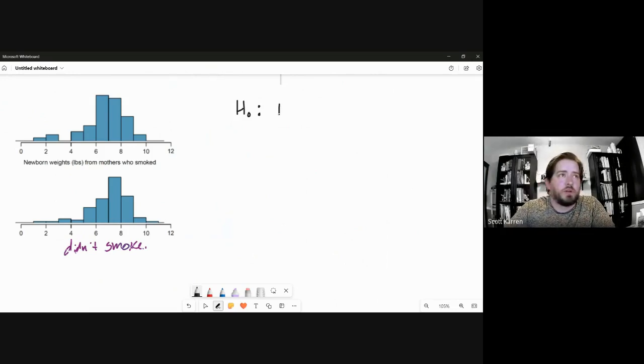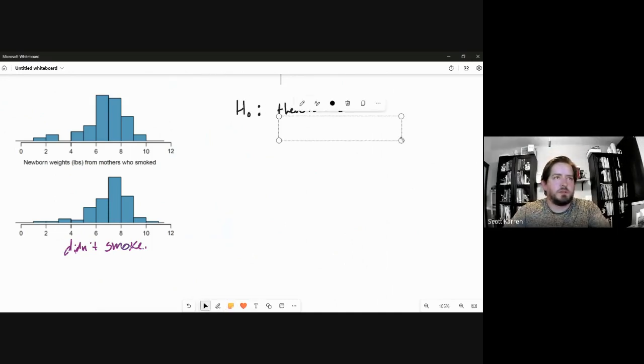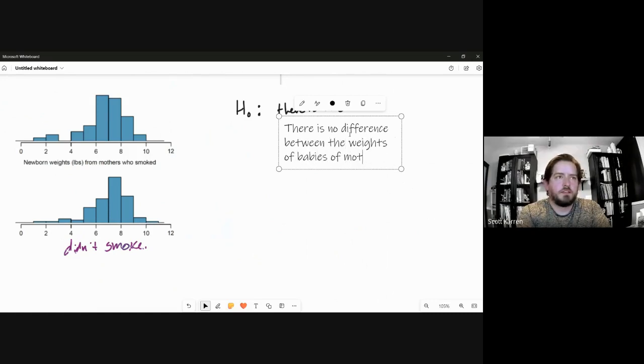So in words, there is no difference between the weights of babies of mothers who smoked during pregnancy and those who didn't, right?